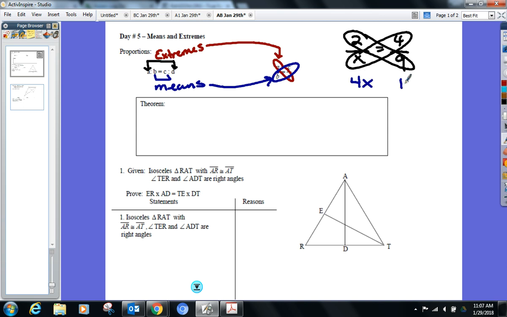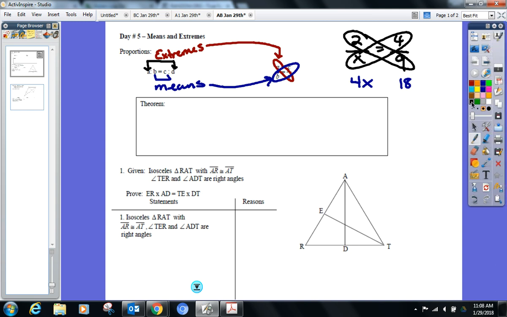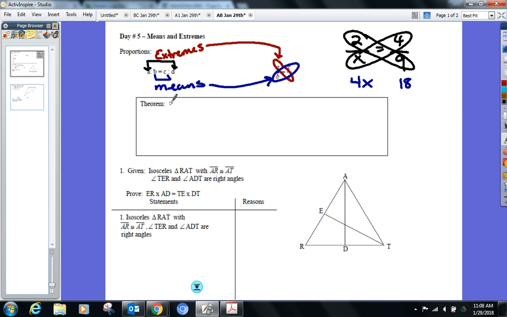All right. After you multiply the extremes and the means, what do you usually do with them? Set them equal, right? You set them equal. That's what the theorem says. Ready? What's the result called when you multiply again? Like sum is when you add. Product. So that's the first here.